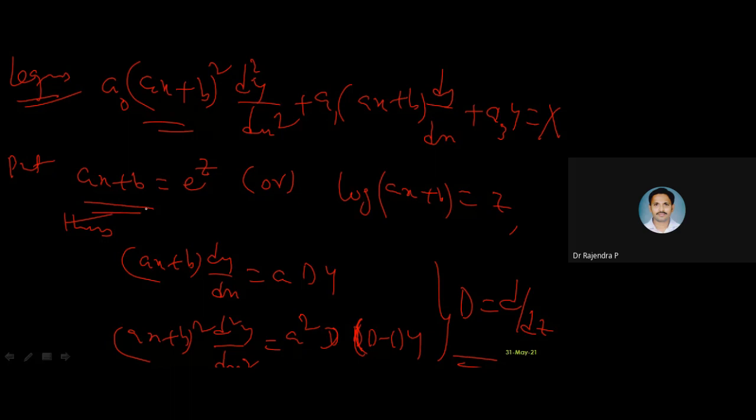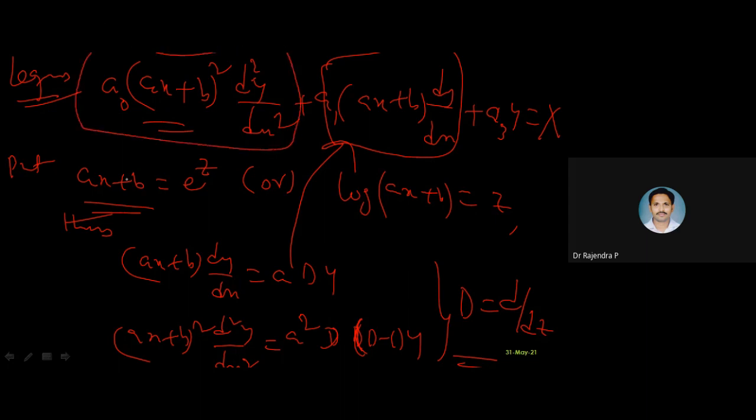Is it clear? Once we substitute all these results in this place, if we substitute the first result, a into D, and the second result, a square into D into D minus 1, on the left hand side, you have to take this directly. Don't try to substitute only this term, then you will make a mistake. Damn sure. Please remember, the whole thing you have to replace.